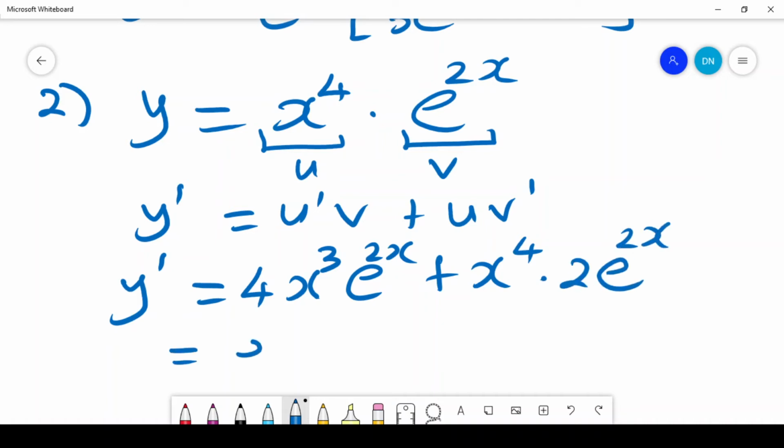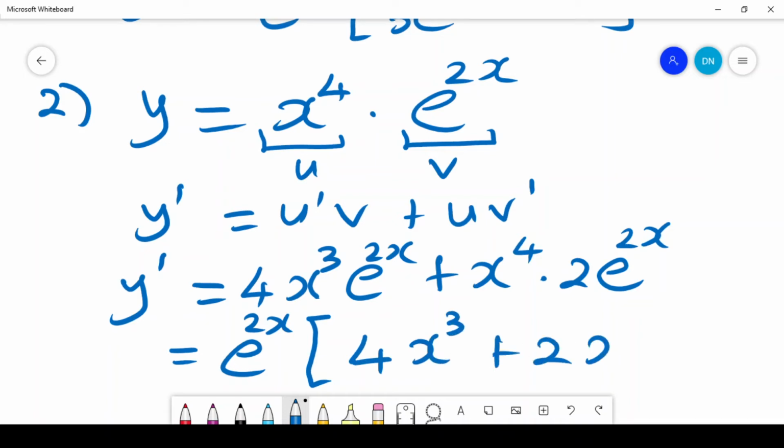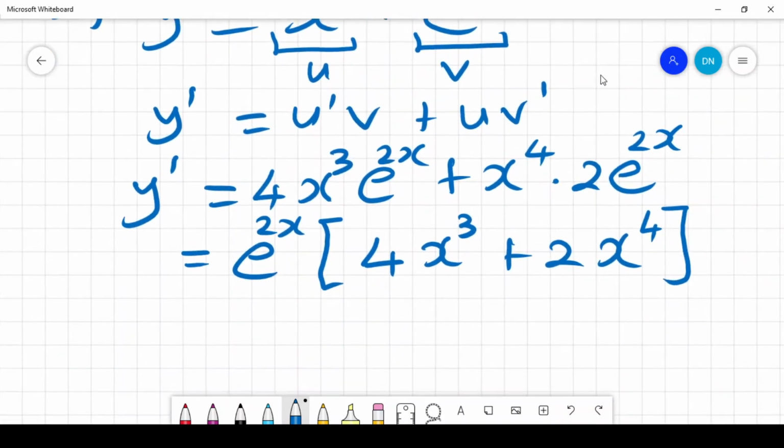And therefore, I can write this as 4x cubed plus 2x raised to power 4, and I could leave that as a solution to that product.